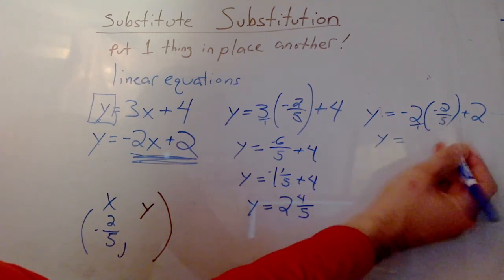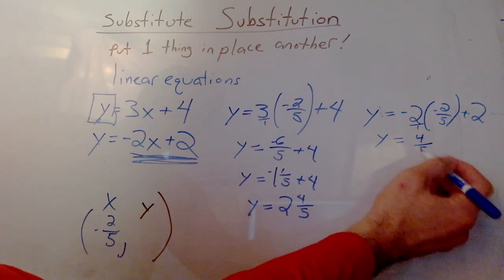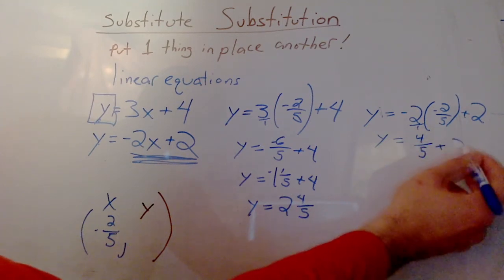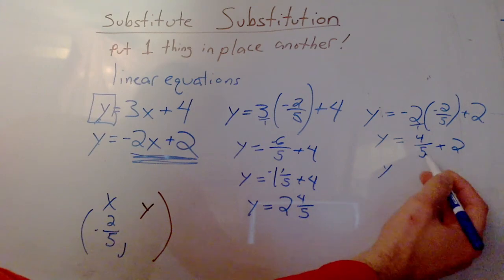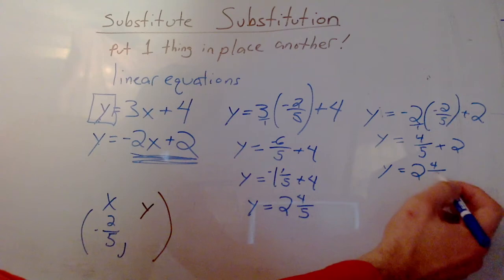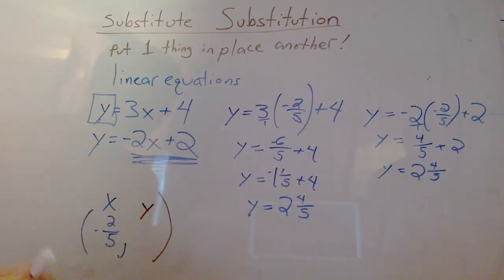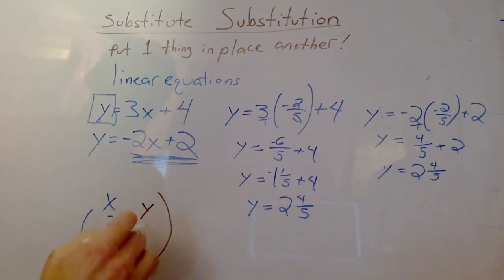Negative 2 times negative 2 is positive 4. 1 times 5 is 5, plus 2. What is 4 fifths plus 2? Oh, right. It should be exactly the same as the other answer. It's 2 and 4 fifths. So the y value is 2 and 4 fifths.